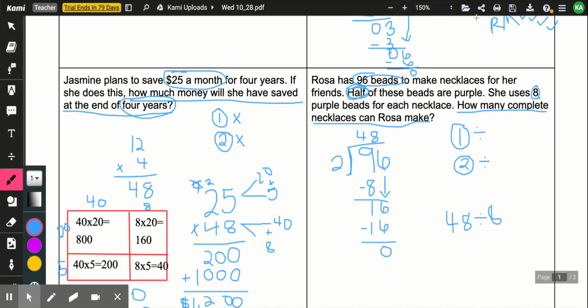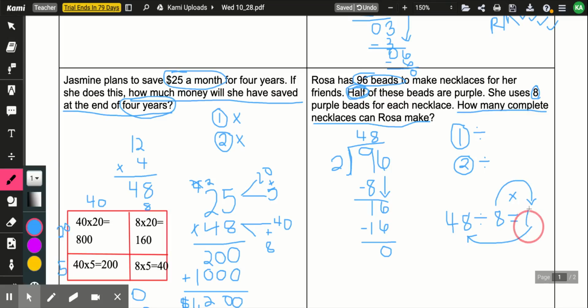I could draw an 8. So this is one of our basic facts. That's why I've written it like this. We want to think 8 times what as our fact families would give us 48. 8, 16, 24, 32, 40, 48.